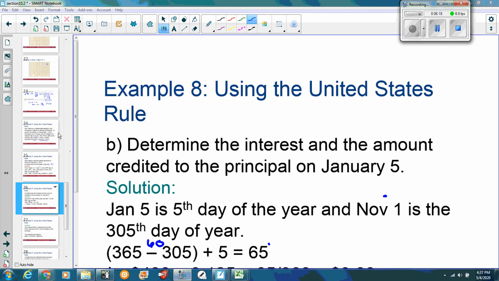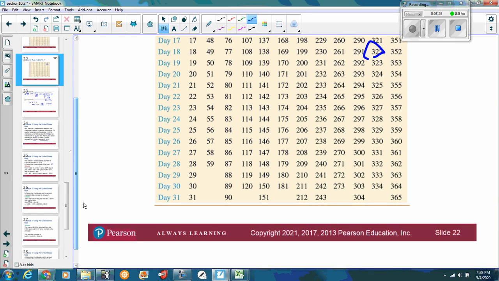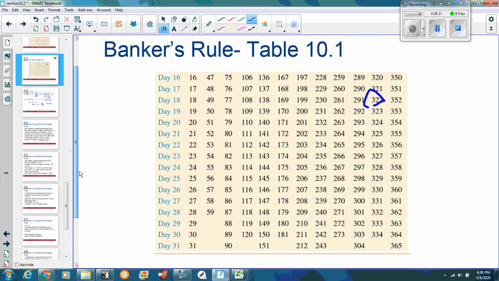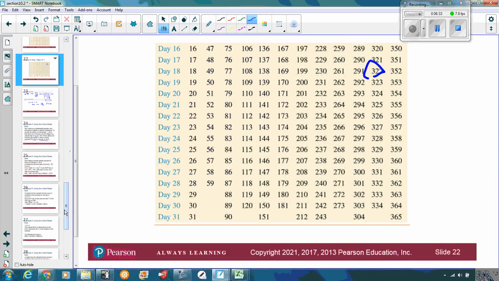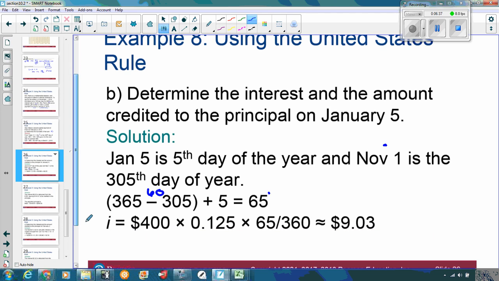I wanted to show you that even though they use 360 in their dividing, they do have 365 days in this chart, so they do it normally. There are only 28 days in February, but when they do their rate calculations, they use 360. So there are 65 days from November 1st to January 5th.